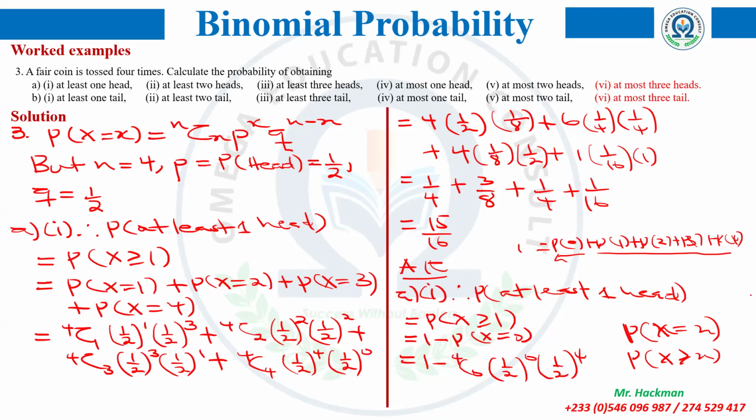I said the first one, where you have the equal to straight away, you quote the formula this way: capital X is equal to small x. In some books, they even write just PX, so that if your x is 2, it will be P2. It's the same thing. The x that you have there represents your number of successes.